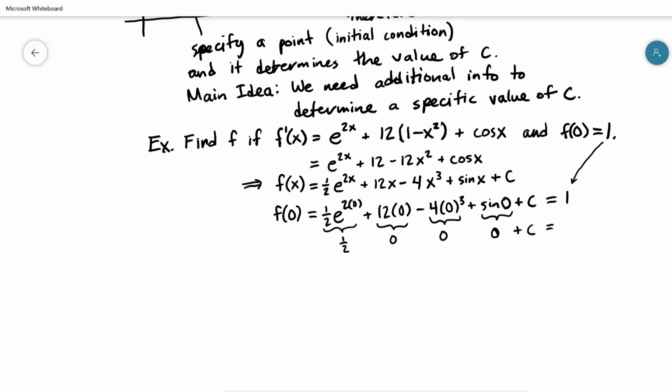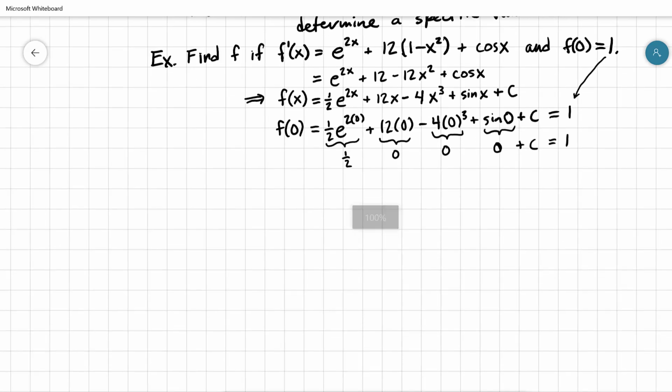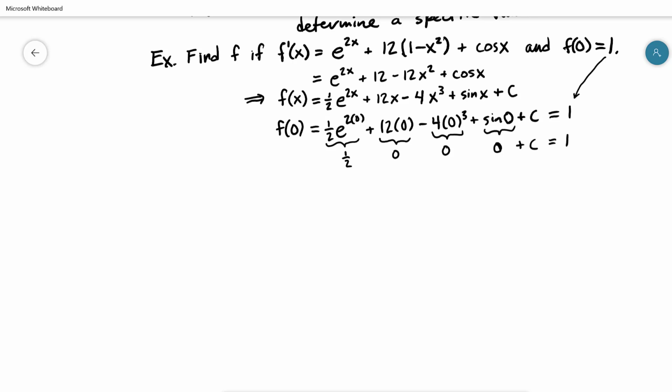And that's equal to 1. So plugging in that condition simplifies to 1/2 plus c equals 1. And what does that mean that c needs to be? I'd subtract a half from both sides, and I'd find that c also needs to be equal to 1/2.